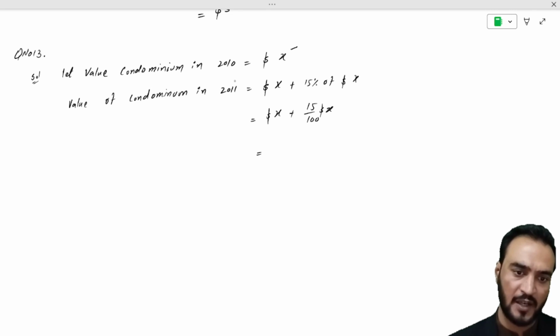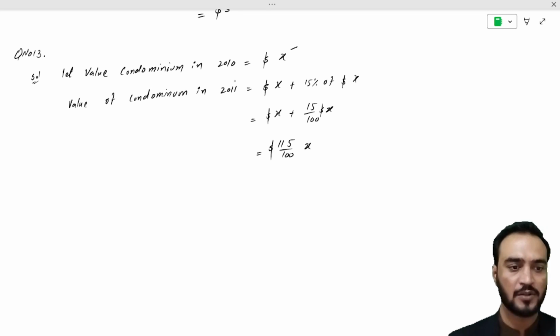Simplifying that, we get 115 over 100 times X dollars. So this is the value of a condominium in 2011.